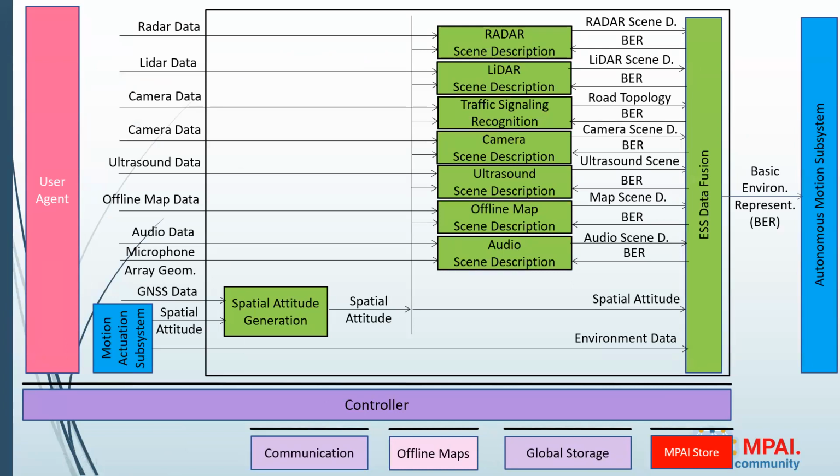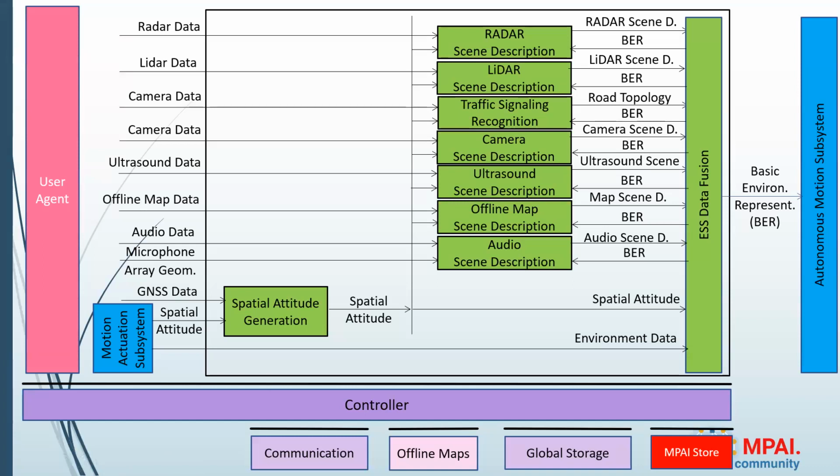So this is what I was referring to. This is the basic environment representation. It is just the integration of different sensors that are present in a connected autonomous vehicle, and this environment sensing subsystem. This is the name of the subsystem.